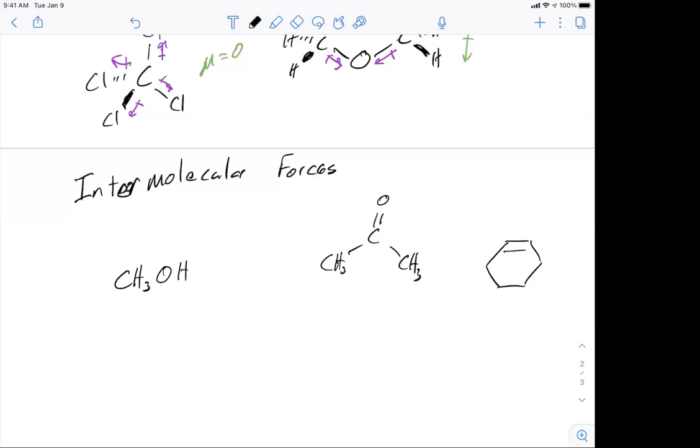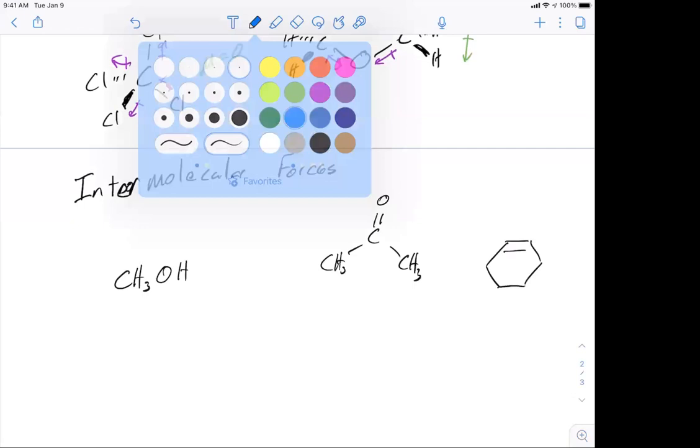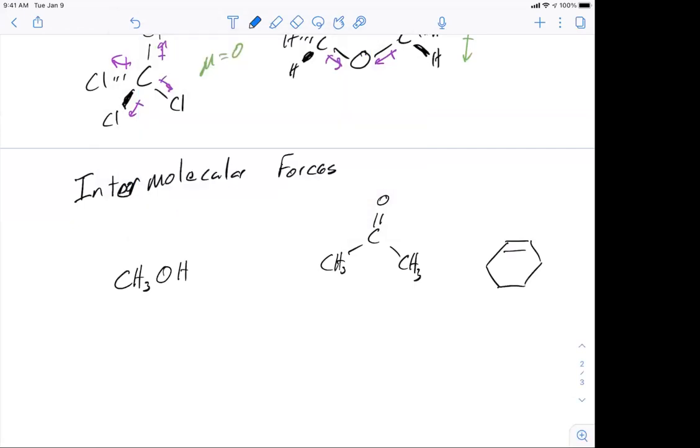All right, the first one, and I'll give you more time whenever the problems get a little bit more complicated. The first one, this one's going to be hydrogen bonding. B, D. Okay.